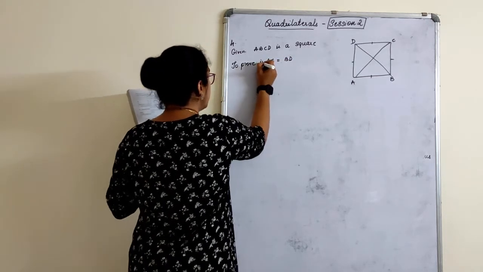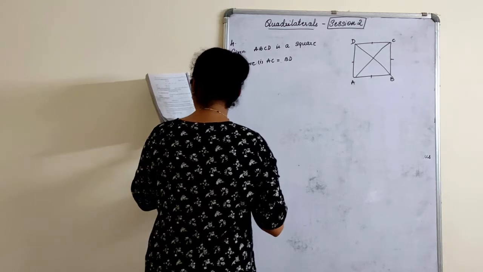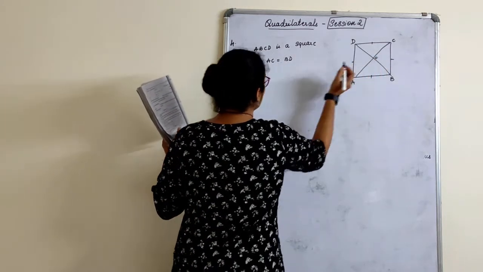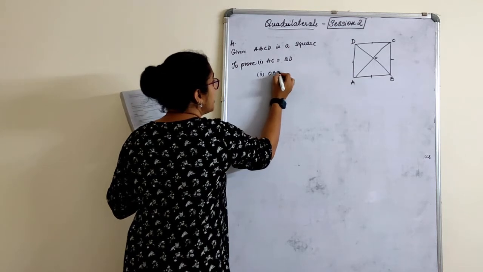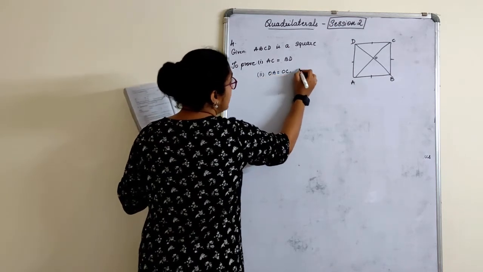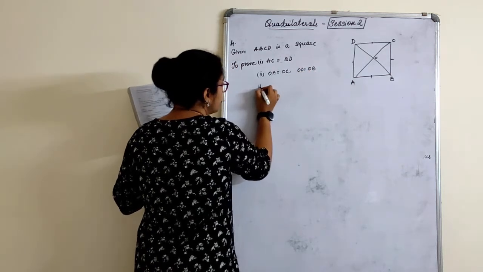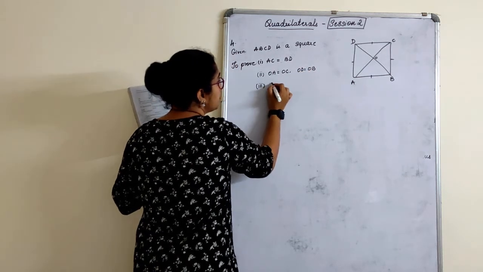First one, diagonals of the square are equal. Second part, I have to prove they bisect each other. OA is equal to OC and OD is equal to OB. Third, they bisect each other perpendicularly.